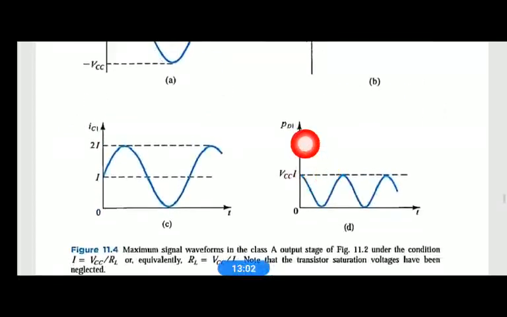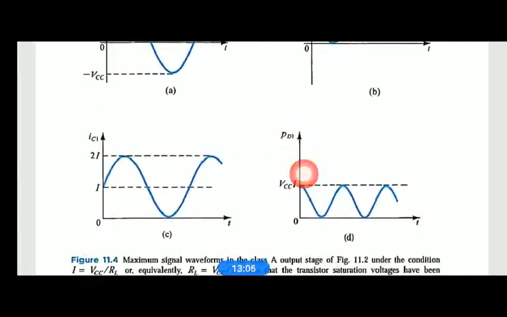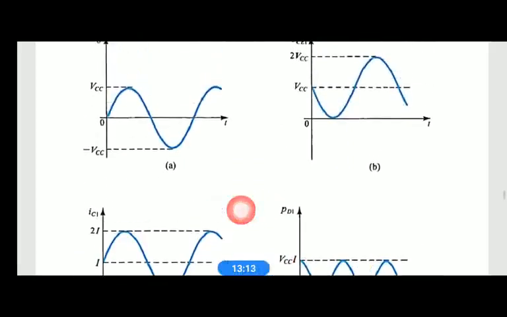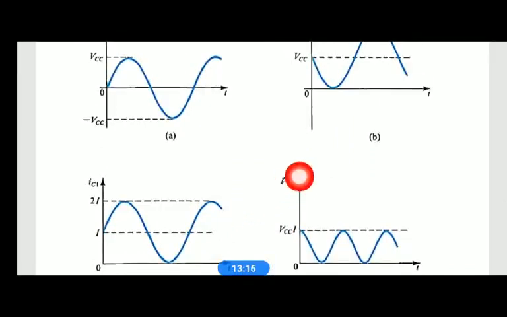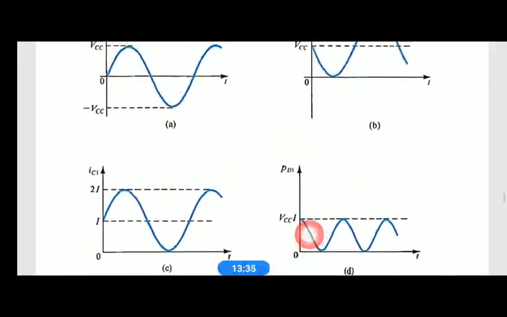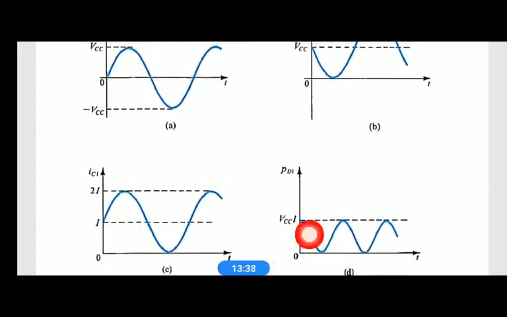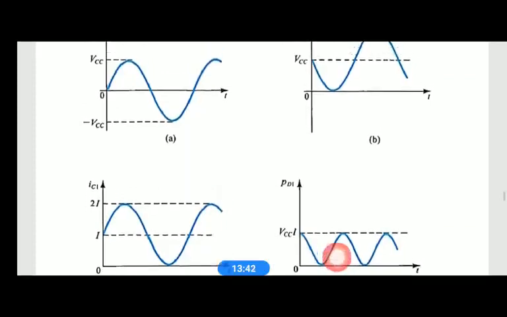So you can see clearly the power dissipation PD1 across the transistor Q1, for which the waveform is shown here, which is VCC into I. You multiply VCC with I. It clearly shows that when I increases, the power dissipation you see here is getting decreased slowly with the waveform, because the VCC is getting decreased. Then when VCC is increased, it slowly increases.